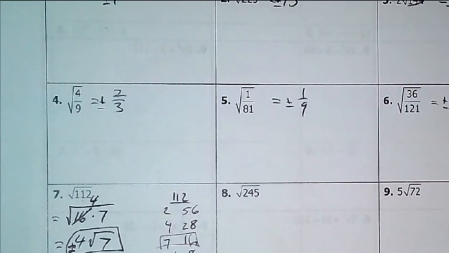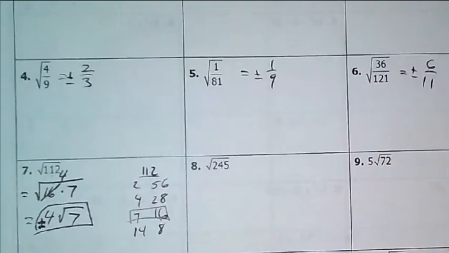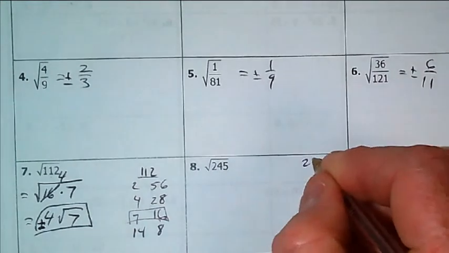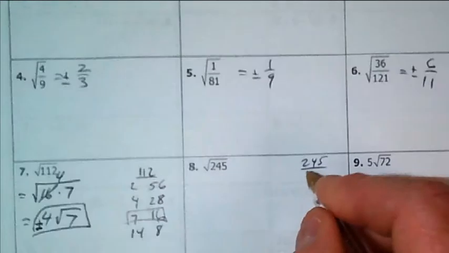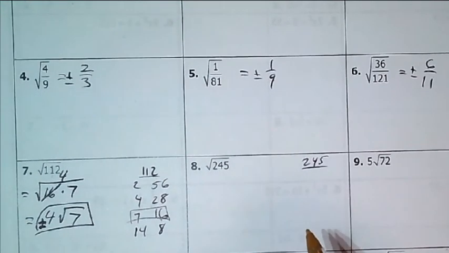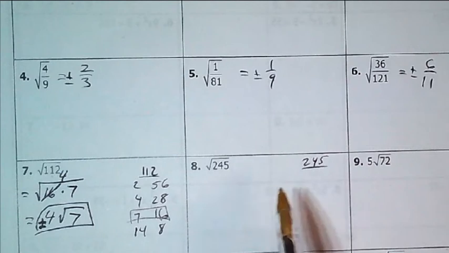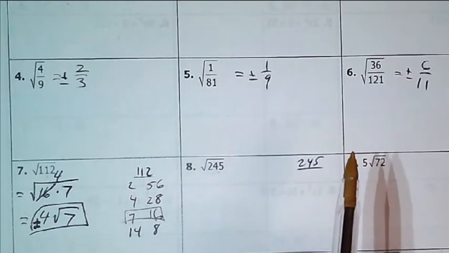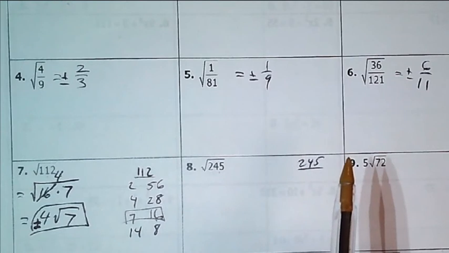Alright, number 8. We want to find the largest perfect square factor of 245. So I like to do it over to the side. So we're going to have, let's see, 2 is not a factor. 3 is not a factor. How do I know 3 is not a factor of this automatically? Can anybody remember the divisibility rules for 3?